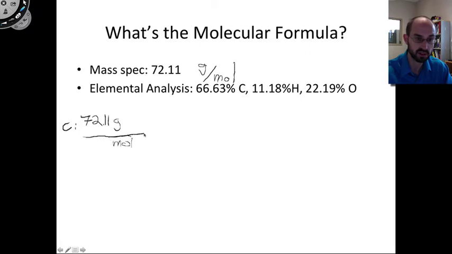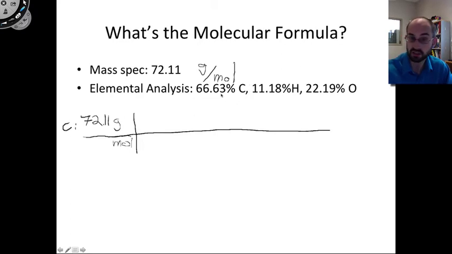Here, let's just draw a big old dimensional analysis line. All right, 72.11 grams per mole. We also know from the elemental analyzer that this molecule is 66.63% carbon.